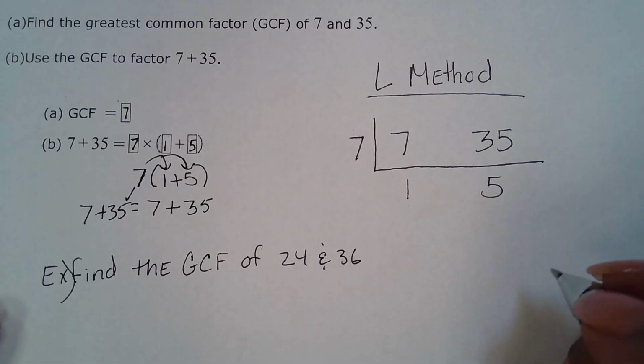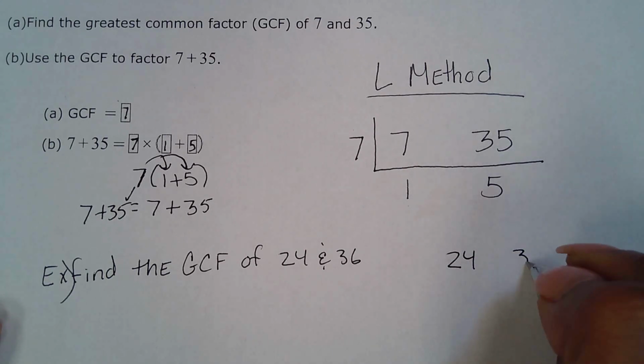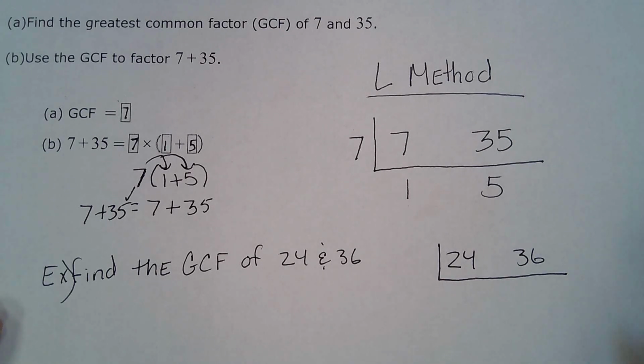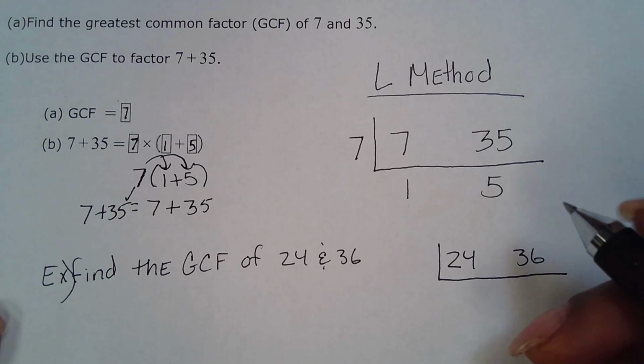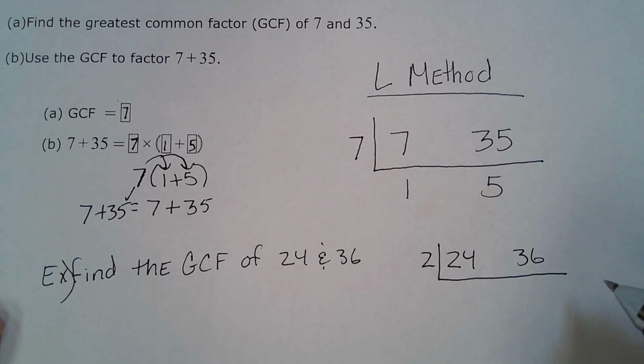Again, I'm going to set up my L method. I have my 24, my 36. I'm going to draw my L shape. I need to find one number that goes into both of those evenly. Since they're both even numbers, I'm going to use 2.